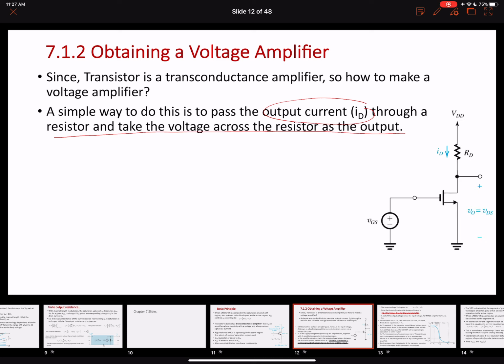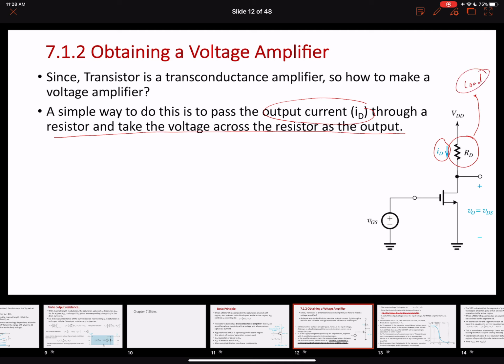So let's look at this circuit now. In this circuit, we are doing exactly the same thing. This is our drain current, and we are flowing it through this constant-value resistor. We are going to call this resistor a load resistor or load resistance.